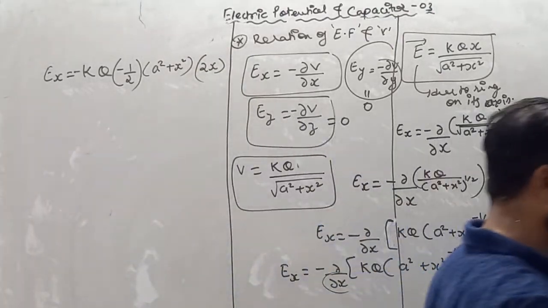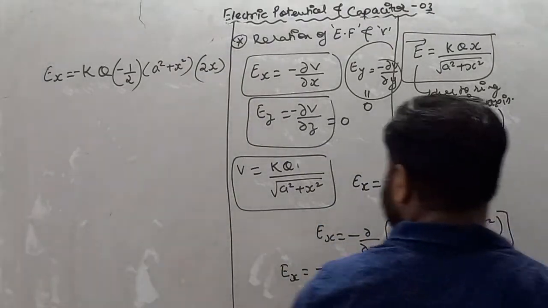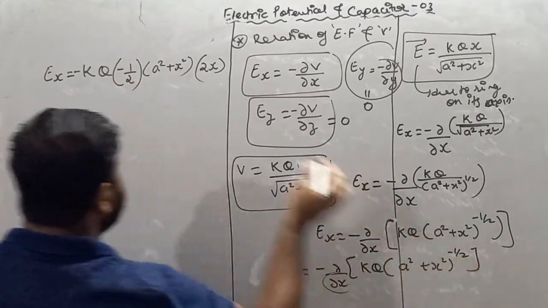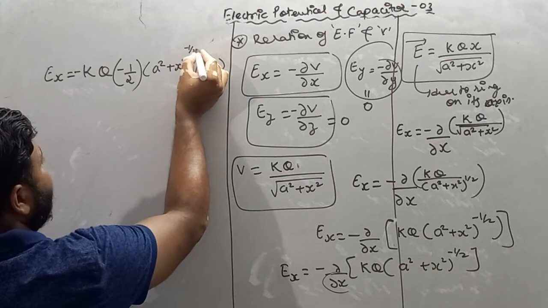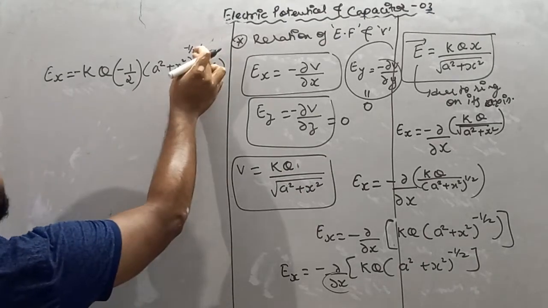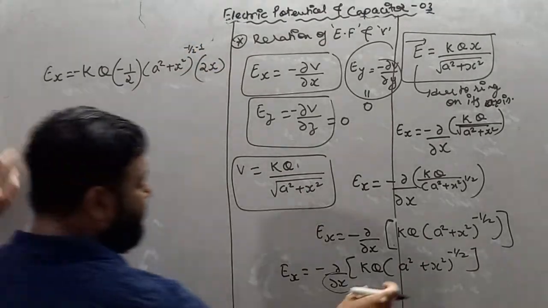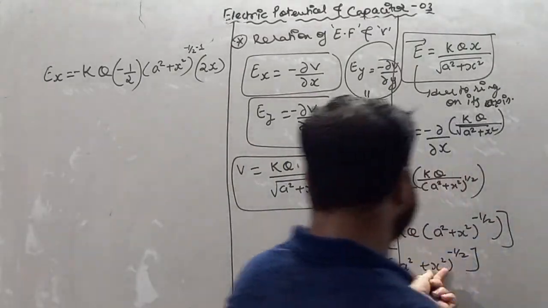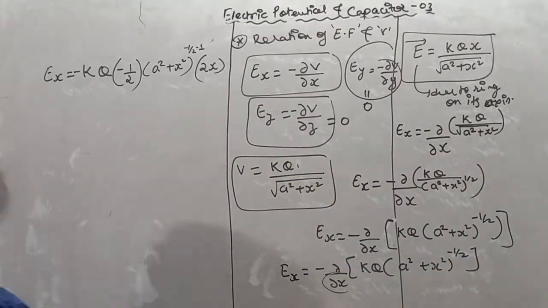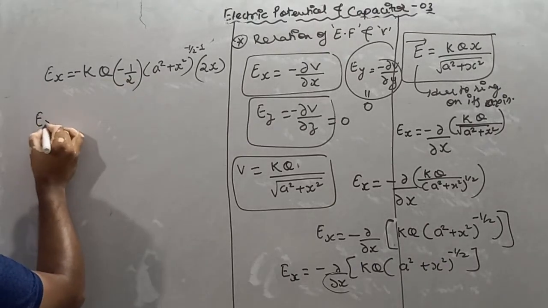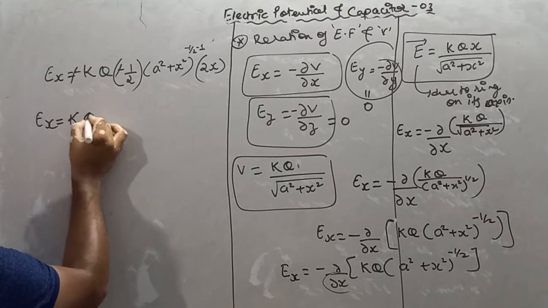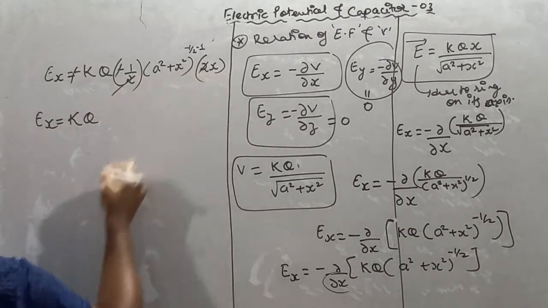I hope you all are understanding. So the term minus half comes outside, and from the power we have to subtract 1, so minus half minus 1. And we are differentiating this term with respect to x, so x square differentiated gives 2x. So the minus signs get cancelled, 2 and 2 also get cancelled.